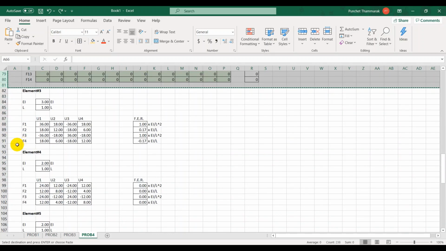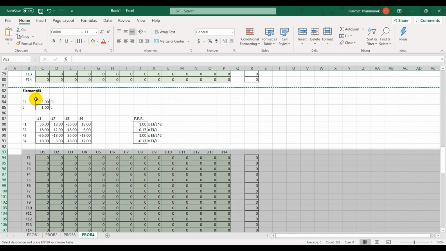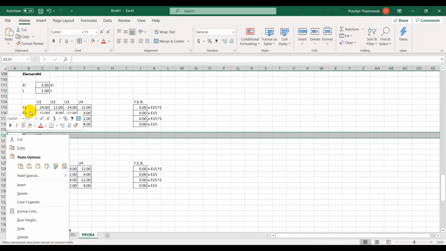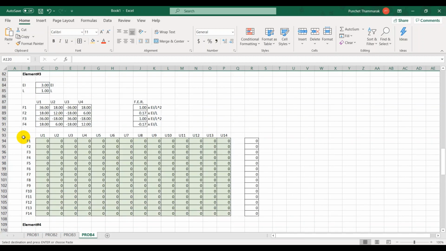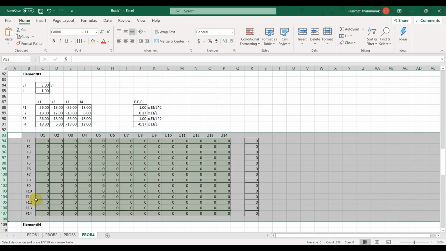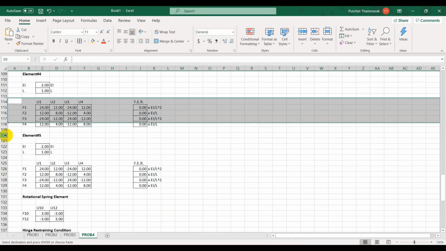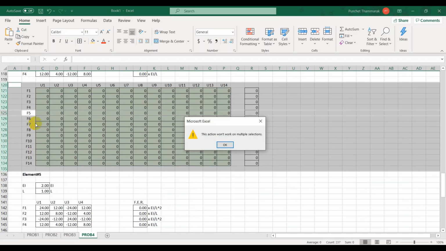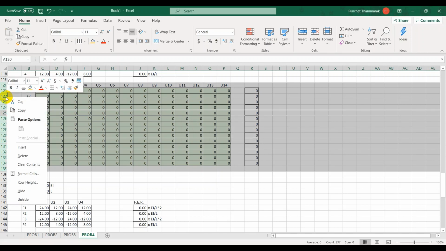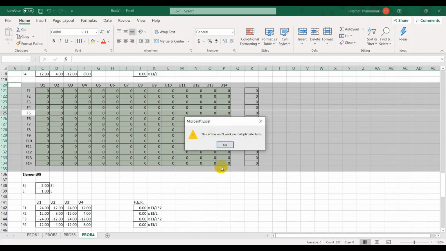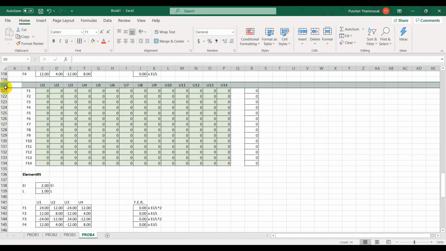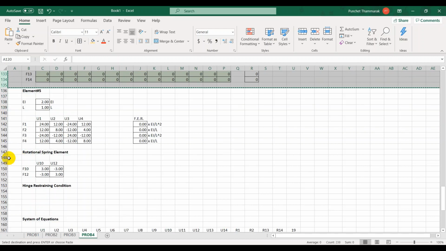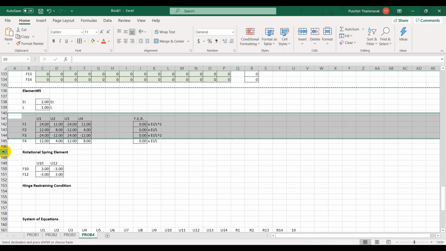Okay, I need to recopy and then insert the copy cell.